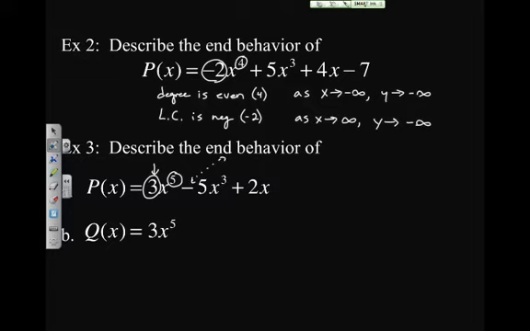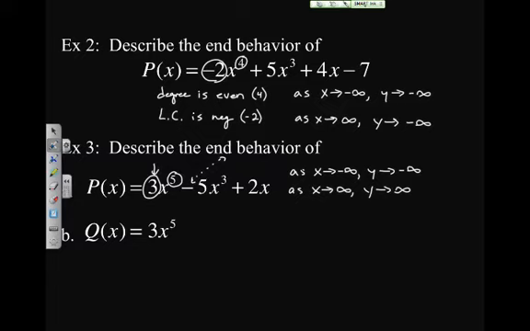The left side is down and the right side is up. So, again to describe it, as x approaches negative infinity, as we look to the left on the graph, y approaches negative infinity. It's going down. And as x approaches positive infinity, as we look to the right on the graph, y also approaches positive infinity.